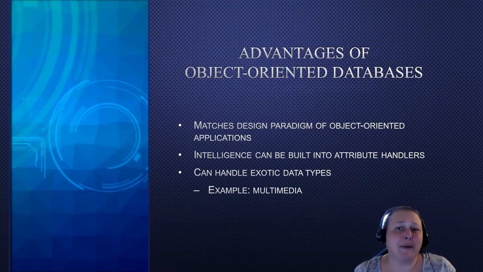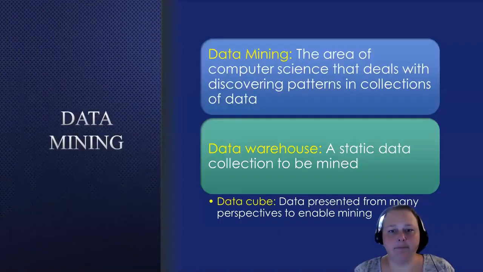These things aren't typically easily stored in a relational database. Relational databases are much better geared to primitive data such as numbers and text, dates, times, things like that. But multimedia does kind of give it a little bit of a problem.